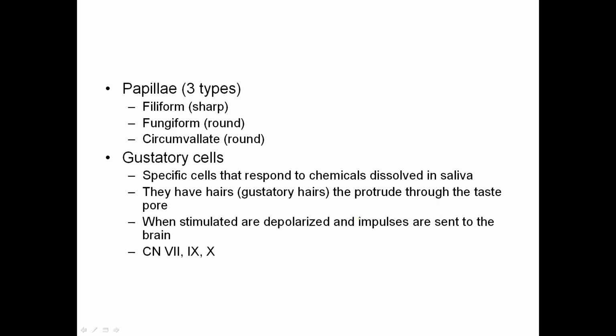As food starts to, when it's on your tongue, it actually starts to seep down into these pits, so to speak, okay, where the chemicals are dissolved and the hairs, the gustatory, which is the taste hairs, help you interpret. Okay, the nerves that are responsible for that is cranial nerve 7, cranial nerve 9, and cranial nerve 10.